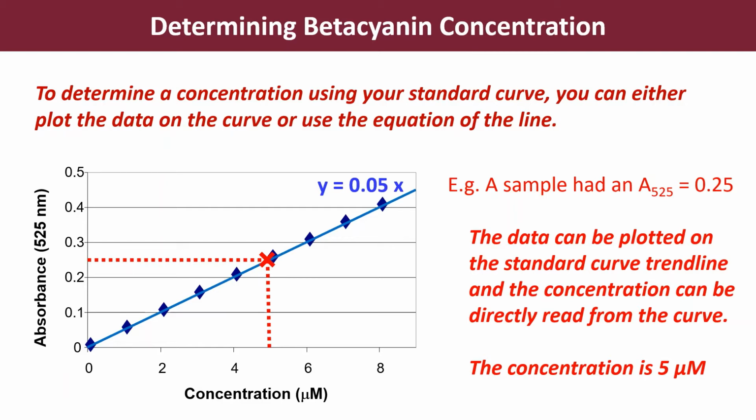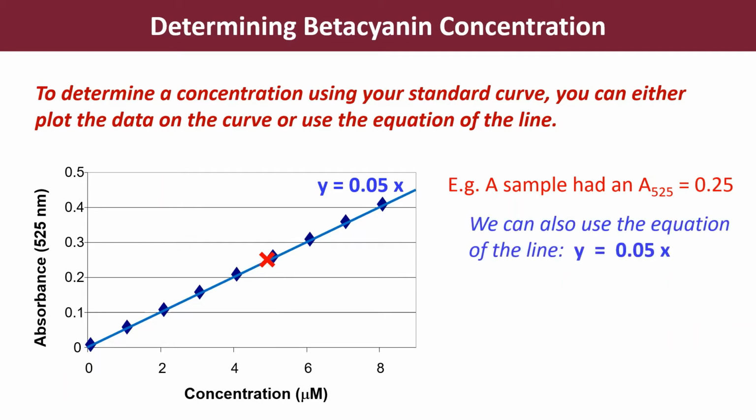This is maybe a little less accurate than using the equation of the line, and I will show you how to do that right now. To use the equation of the line, I'm using y equals 0.05x. In this particular example, absorbance, of course, is y, and x is concentration.